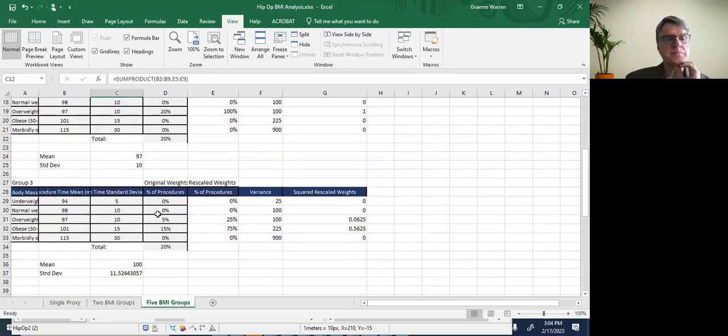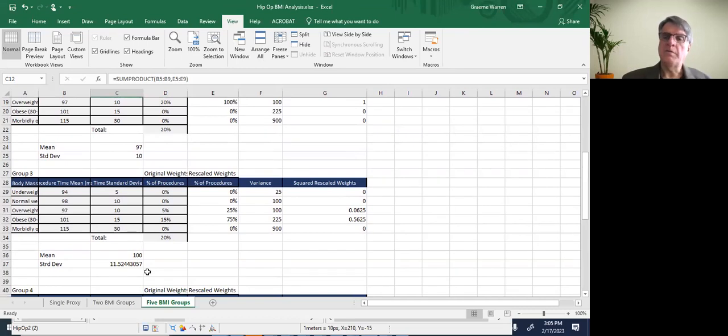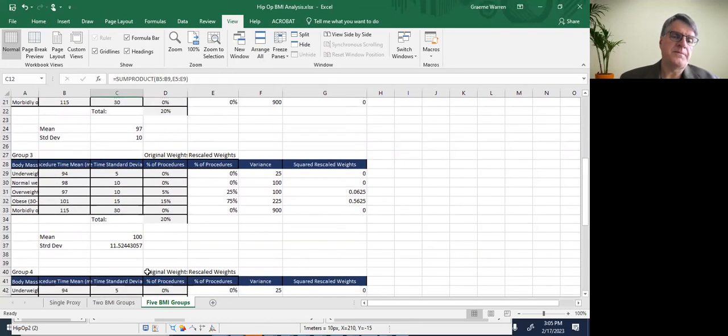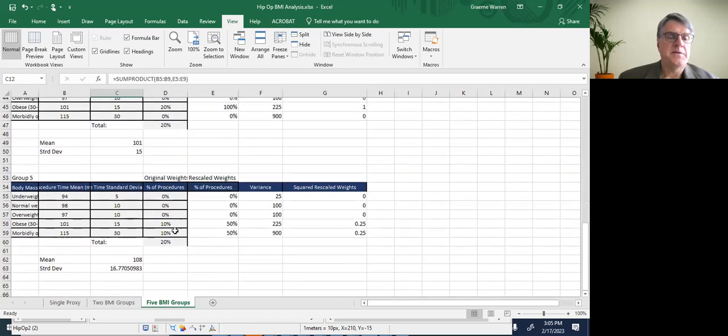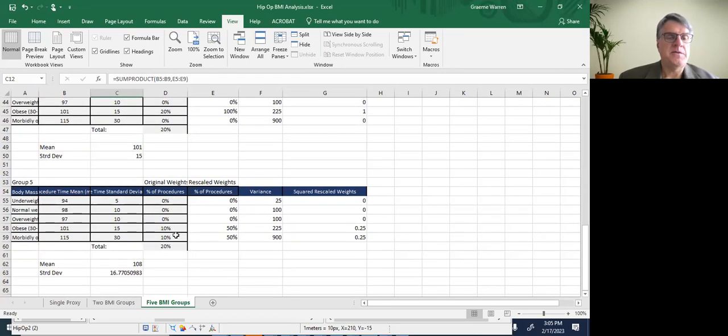The third group, this is going to be Wednesday, would be overweight and some obese, actually mostly obese, 111.52. So your means are going up, and so are your standard deviations. And then the final one is, actually Thursday is 20% obese, and finally on Friday you're looking at 10% obese and 10% morbidly obese, and your numbers here are significantly higher than the base case of 101 and 8.